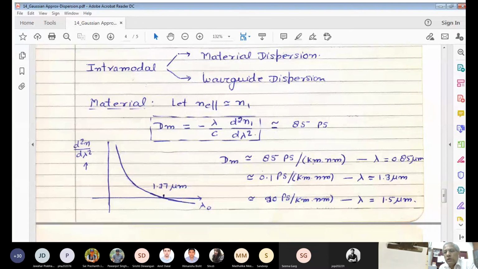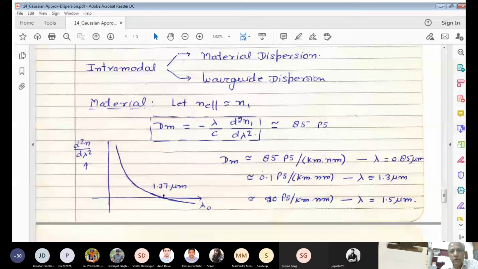I am giving you this wavelength because the first generation optical fiber communication systems used a light source with lambda equal to 0.85 micron. At that time, we didn't have efficient light sources at other wavelengths. So at that time it was 85 picosecond per kilometer nanometer. That was the material contribution.